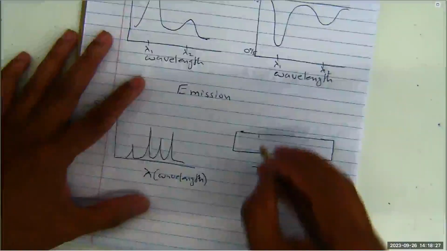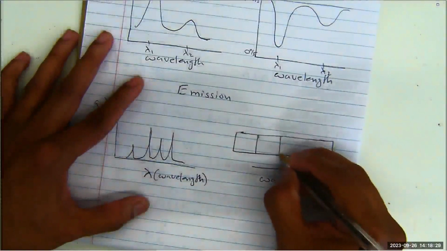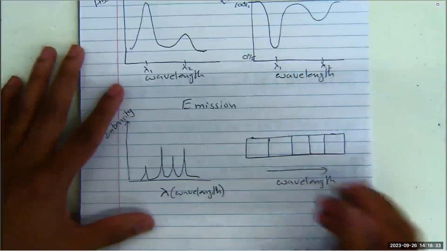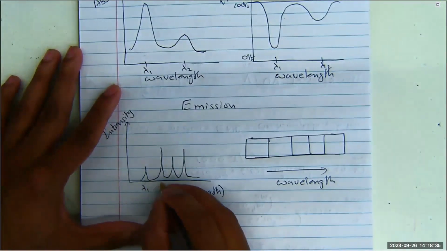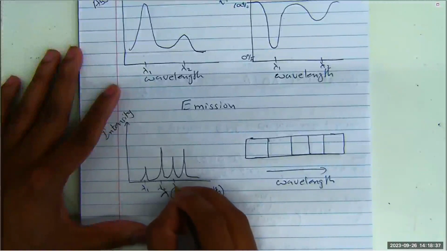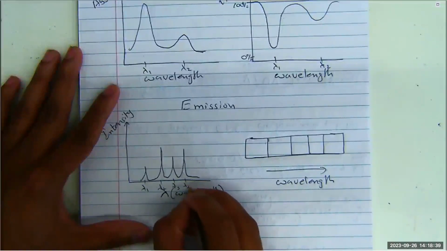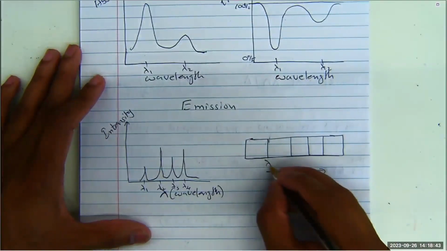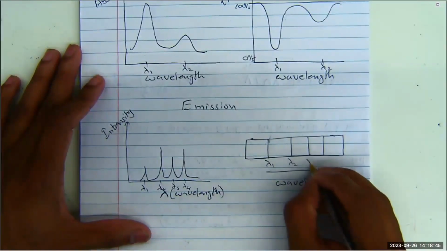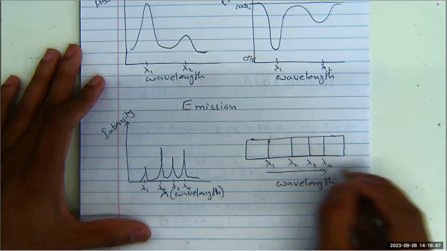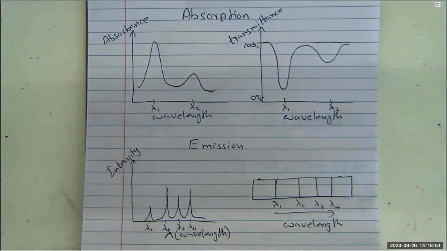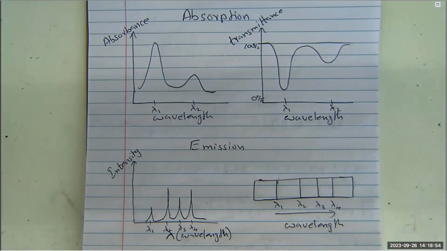So you will see a band over here, here, or here, depending on what wavelengths are emitted. For example, if this is lambda 1, lambda 2, lambda 3, and lambda 4, instead of having intensity on the y-axis, you can say this is still lambda 1, lambda 2, lambda 3, and lambda 4. That's the other way you can be presented emission spectra.